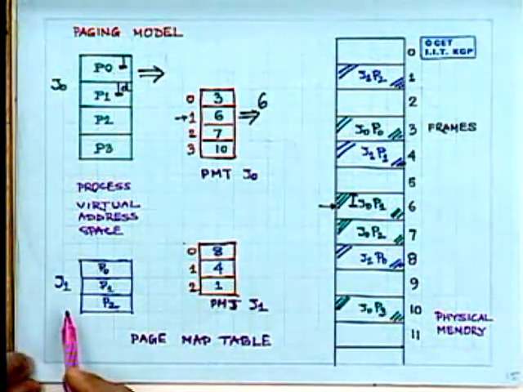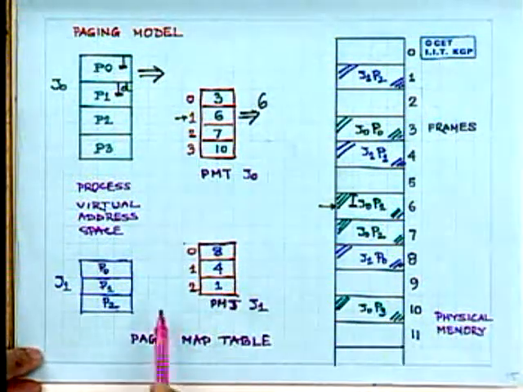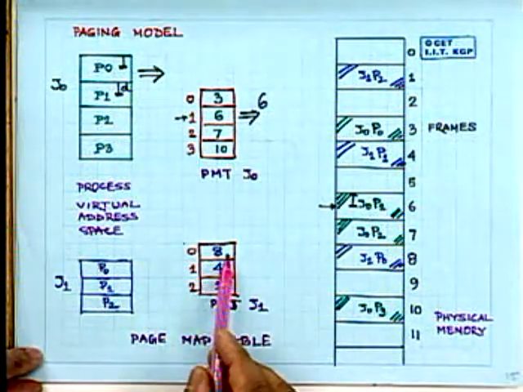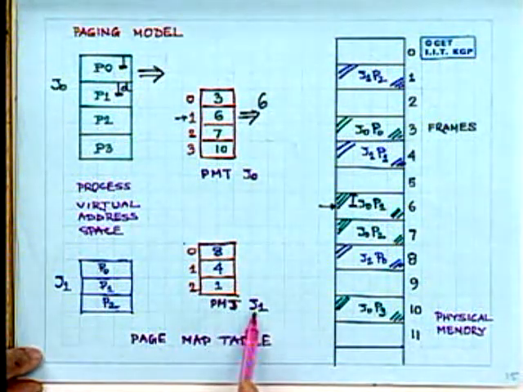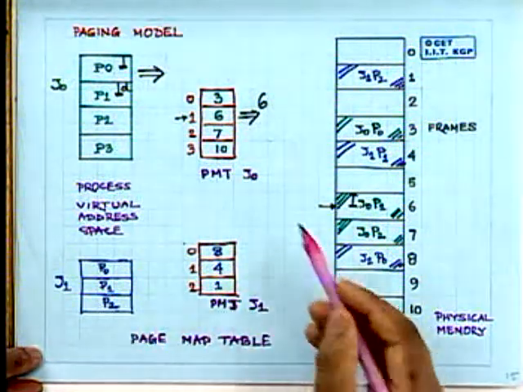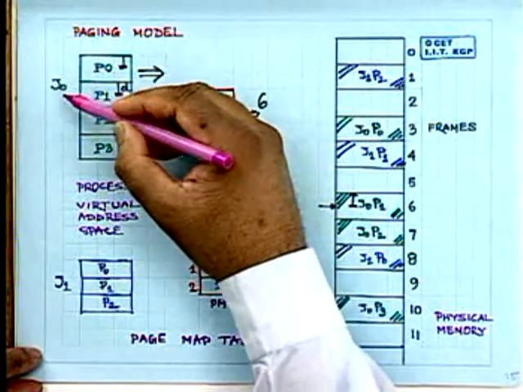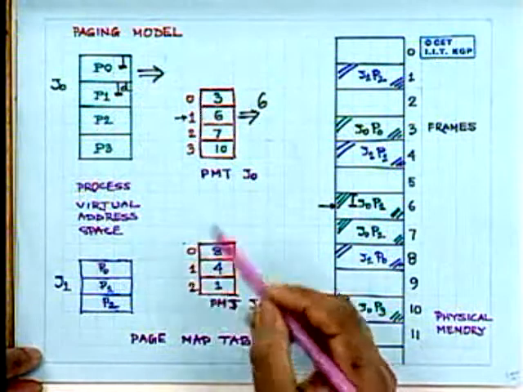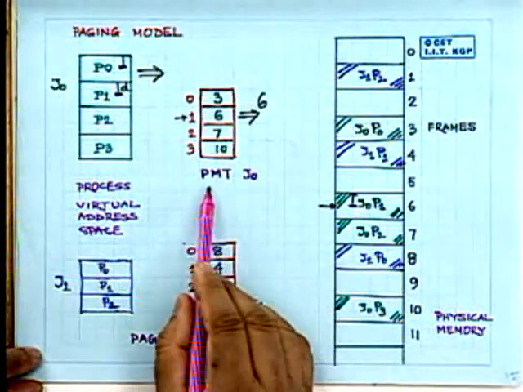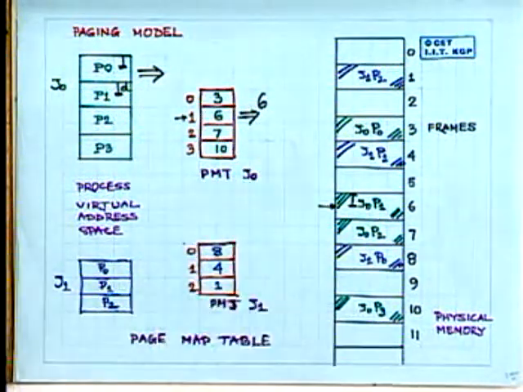When J1 is running, the operating system will be consulting the page map table of J1, and when the process J0 will be running, the operating system will be consulting the page map table corresponding to J0.